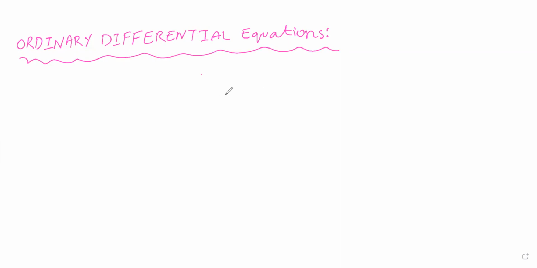In a function, let's say we have y equals f of x.